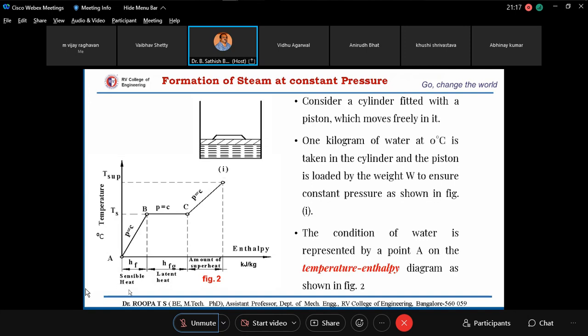So this amount of heat required in this region, we say it as sensible heat, and this is as latent heat. The combination of sensible and latent heat, the sum of the two, is termed as the enthalpy of dry saturated steam. So then we also understood the amount of superheat equation and all those things in the previous class.